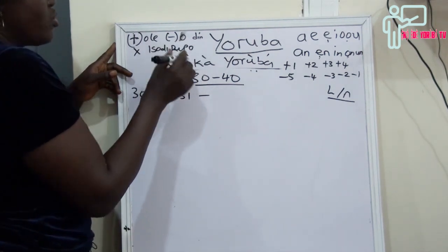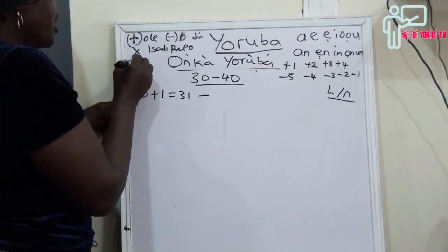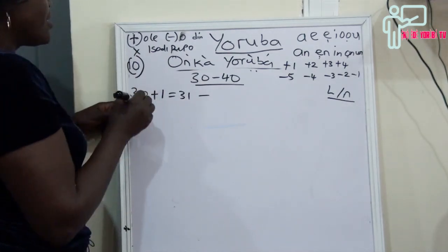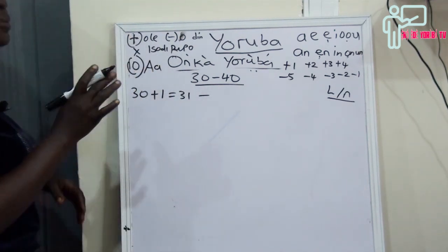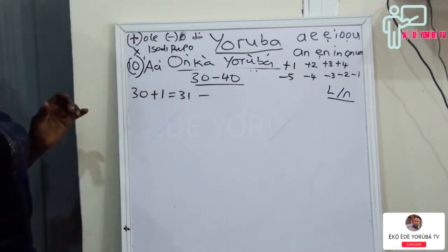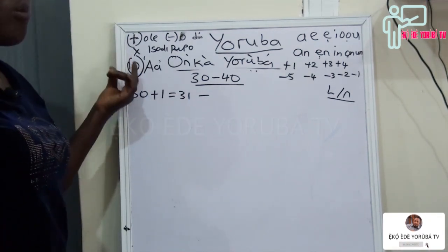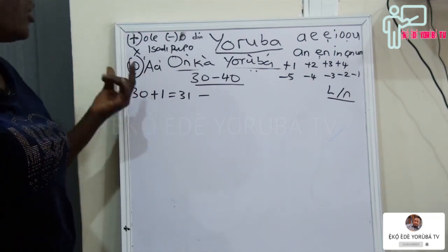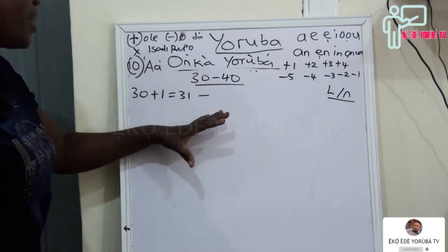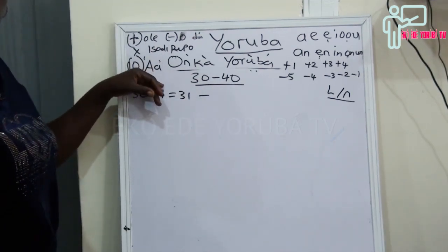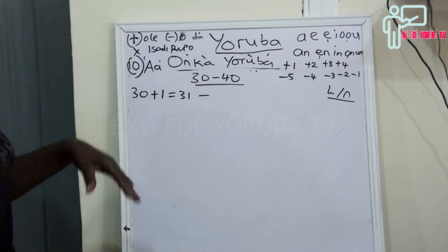We still get to it. And in Onka Yoruba, we call 10 ẹ̀wá, only in Onka Yoruba. When we get to the place, we still refer to it.